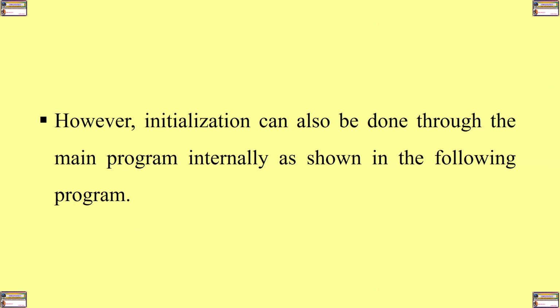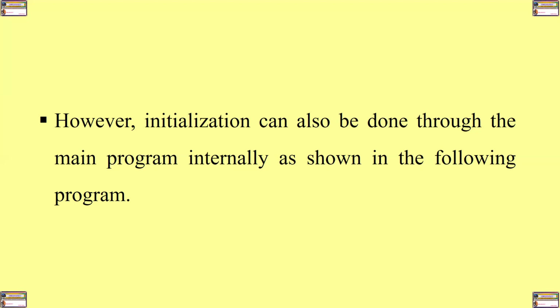One is by prompting the user to enter values into the members by passing through the object or instance, as we learned in part 20 of this series. The second way is to initialize those members internally within the program.